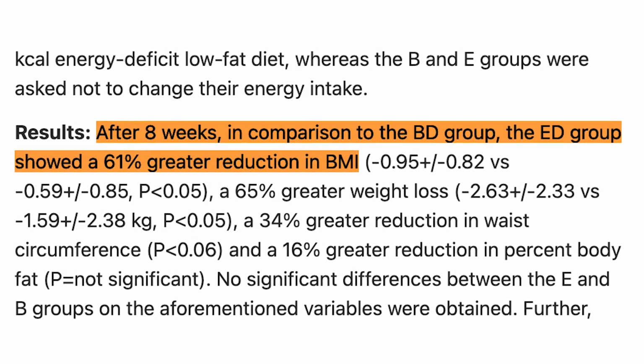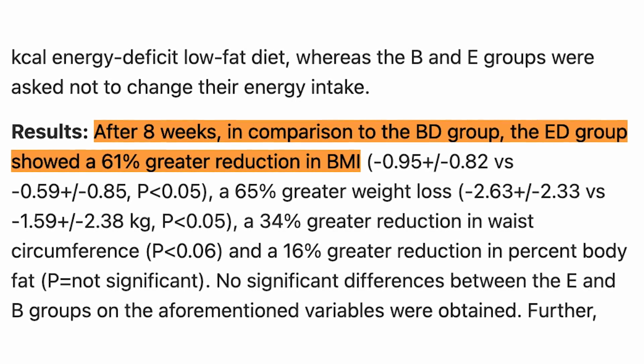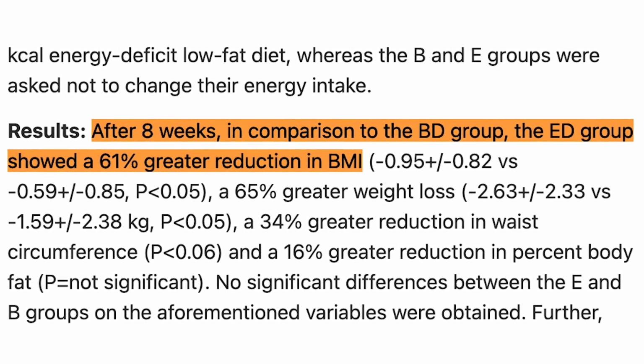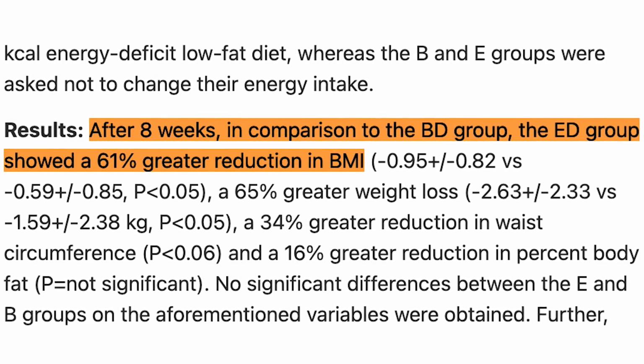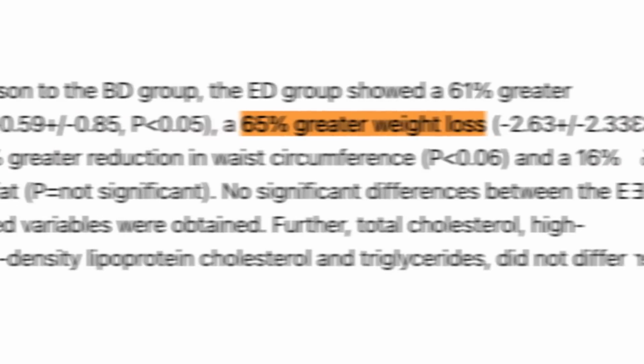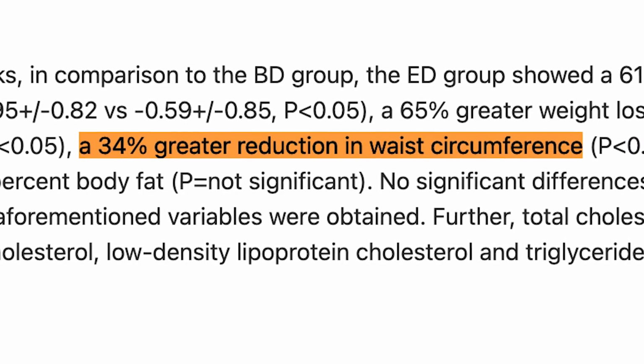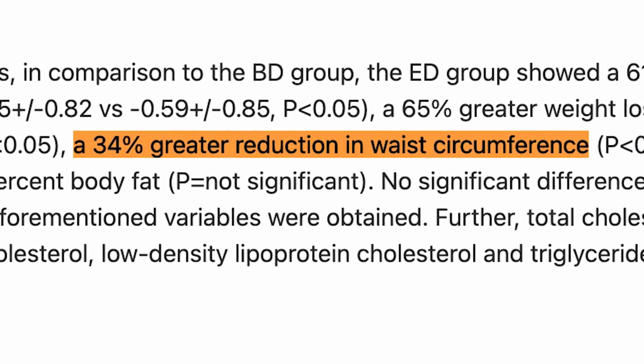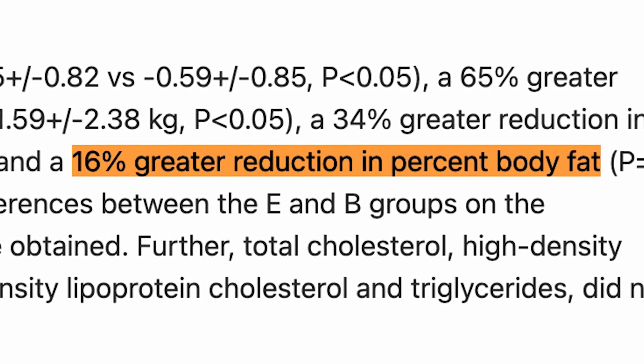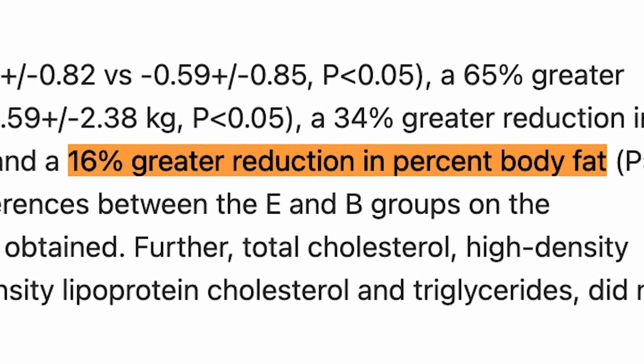And here's what they found after the 8-week study period. The study participants in the lower carb breakfast group showed a 61% greater reduction in body mass index. They showed a 65% greater weight loss, a 34% greater reduction in waist circumference, and a 16% greater reduction in body fat percentage.